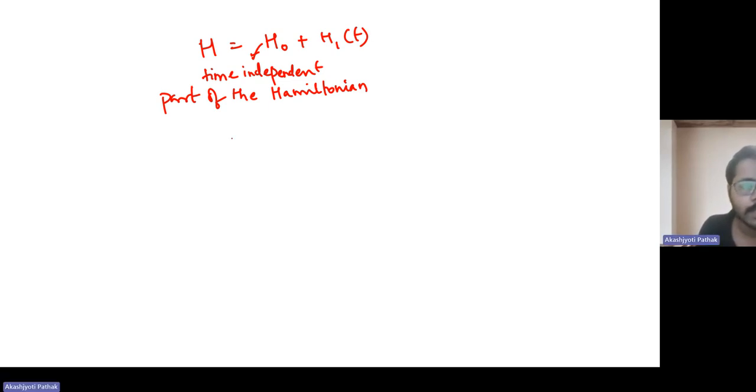H naught is the time independent part of the Hamiltonian, and H1 of t is the time dependent part of the Hamiltonian.